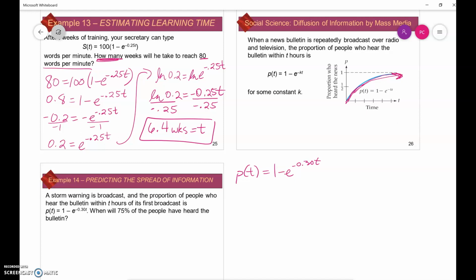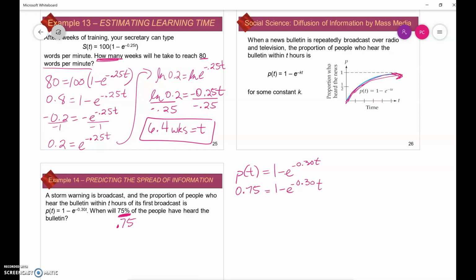So we're going to replace the P of t with 0.75. Remember, anytime you're putting a percent into the function, make sure you change it over to a decimal and not leave it as a percentage. So we have 0.75 equal to 1 minus e to the negative 0.30t.